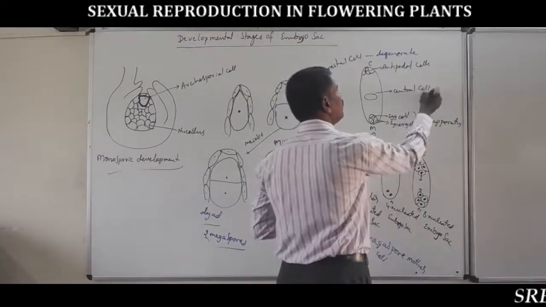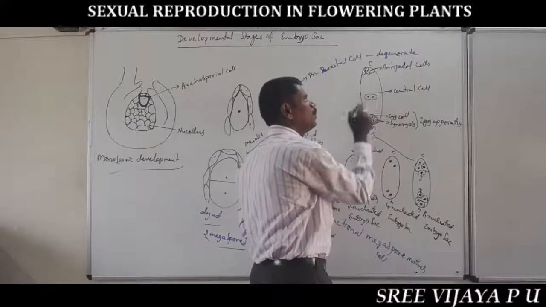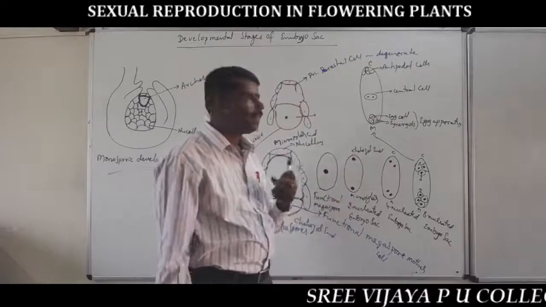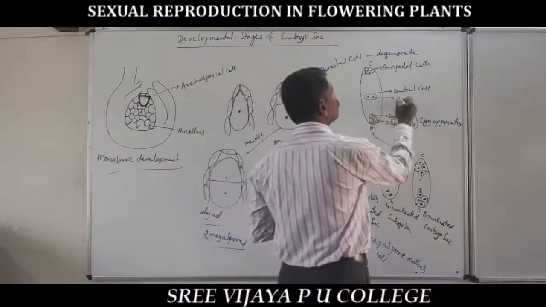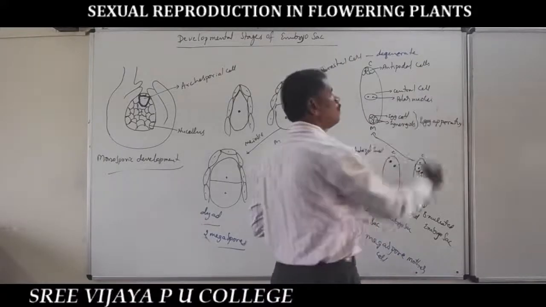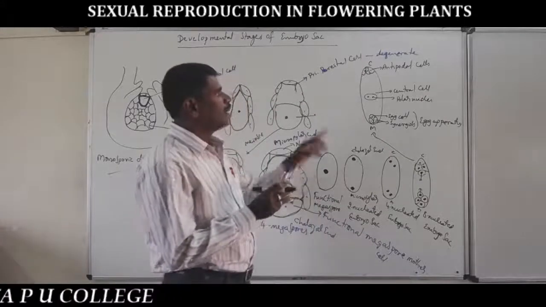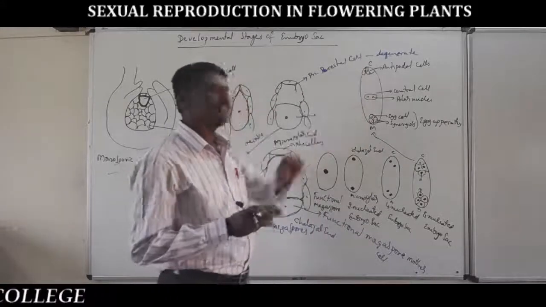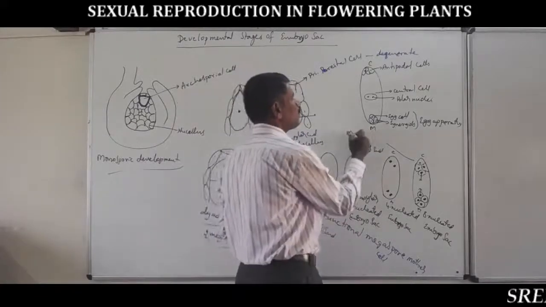Here in the central cell we see two nuclei, which are called polar nuclei. So a complete, mature embryo sac is formed.